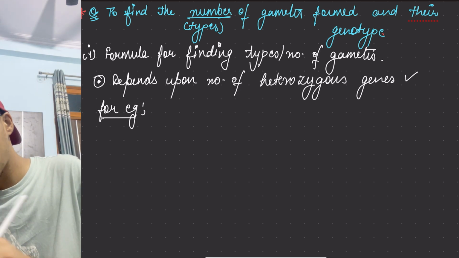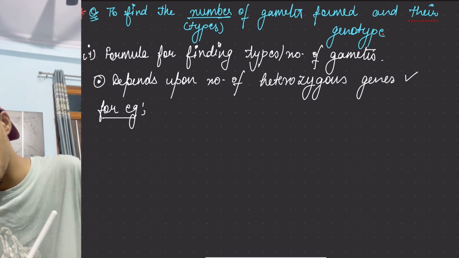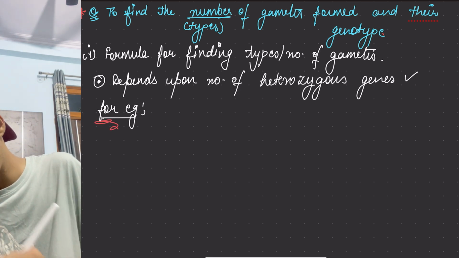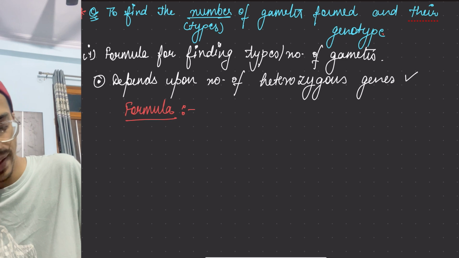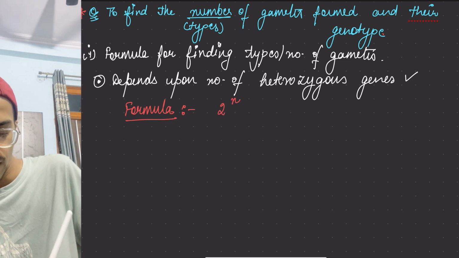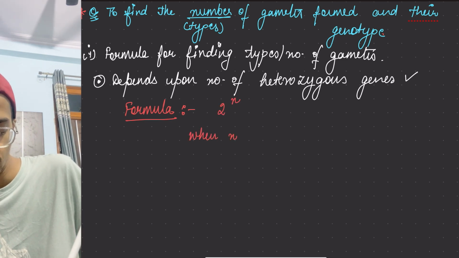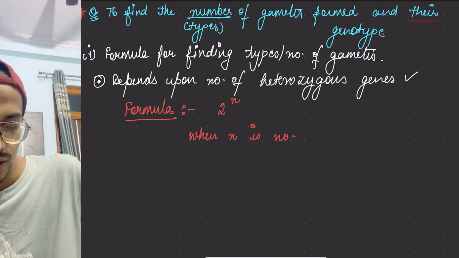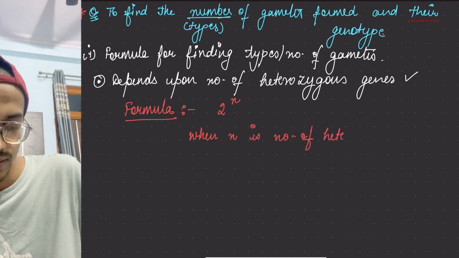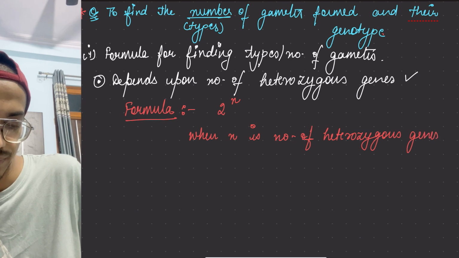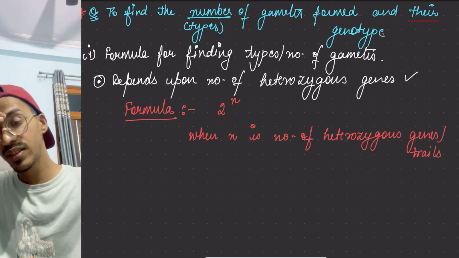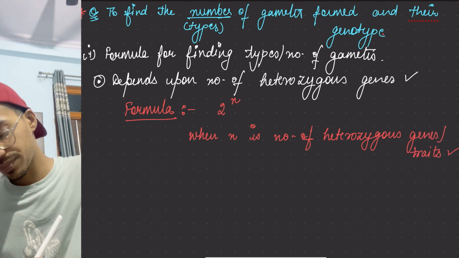Let's try the formula first. So what would be the formula for it? Formula is 2 raised to power n, where n is the number of heterozygous genes or traits present. Let's just see that example wise.